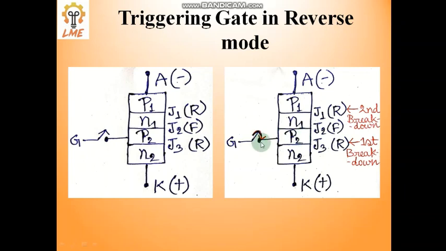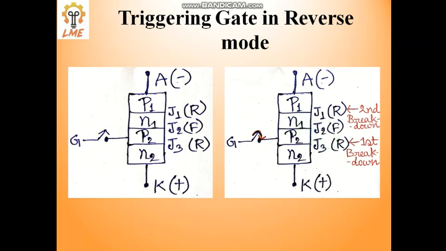So when the gate is connected, some positive charge holes are injected into the P2 layer that create more pressure on junction 1 and junction 3, but junction 3 is already getting more pressure. So by applying the gate, the pressure is increased on junction 3 and junction 1.